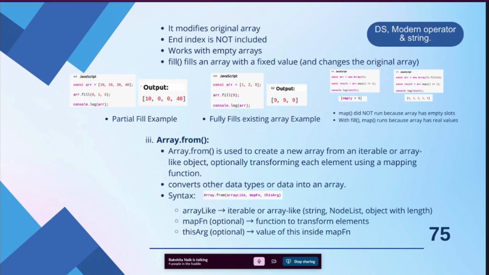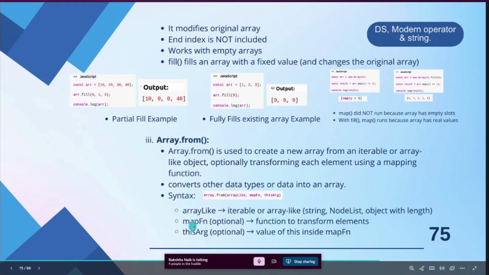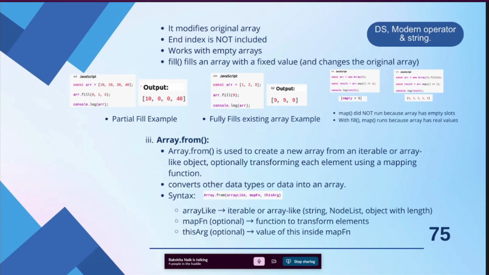For an iterable, if we want to print any values, we need to add the next method so we can get the value. I will tell that also. The map function is optional and this argument is also optional. The map function transforms the element.